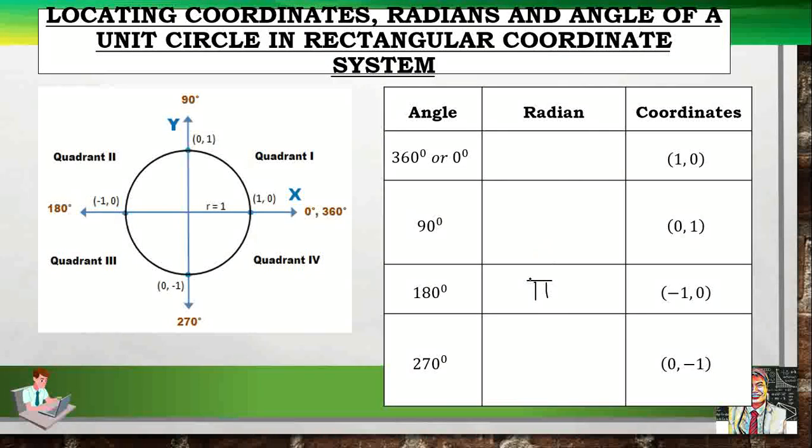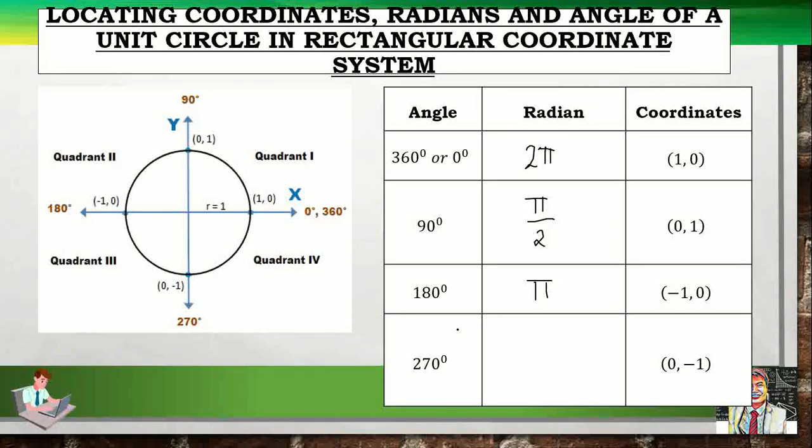So, therefore, ang radian niya, pi plus pi, that is 2 pi. So, ang 360 equivalent sa 2 pi, dalawang 180 yun. Okay? Yung 90 degrees, kalahati nung pi. Yeah? So, para makuha natin yung kalahati ng pi, divide natin siya sa 2. So, therefore, this is pi over 2.